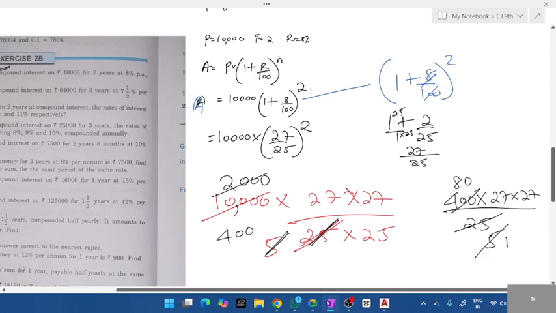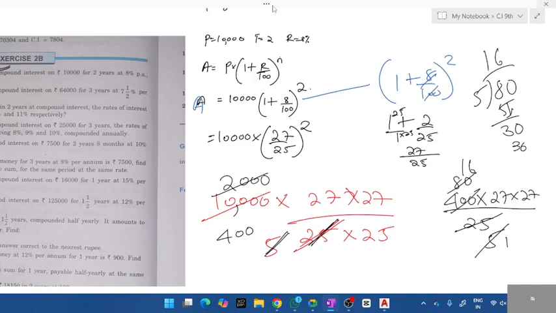5 ones are not 80. Oh, yeah, 80 times. Next, 5 ones are, how come 15? 16, right? Okay, 5 ones are 5. Remainder is 3. Bring down this. 5 6s are 30. 16.